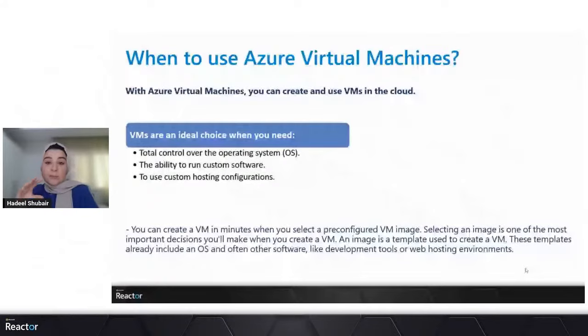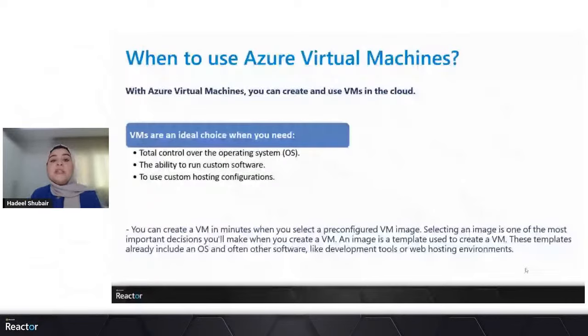These templates already have a back-end operating system, and often even other software like development tools or web hosting environments are supported by those images. So in virtual machines, you will realize that you can create a virtual machine in a matter of minutes or even seconds when you select a pre-configured virtual machine image.